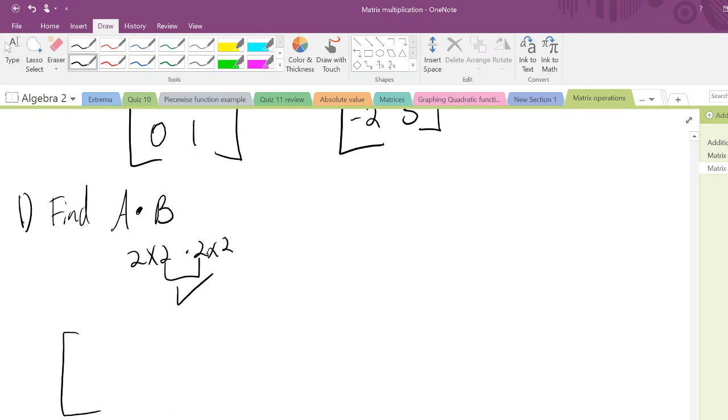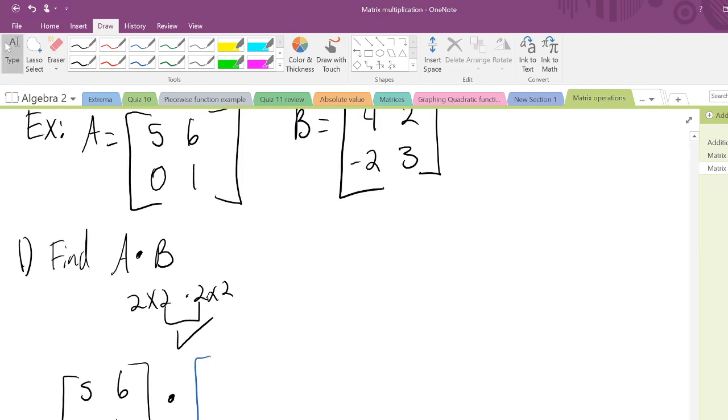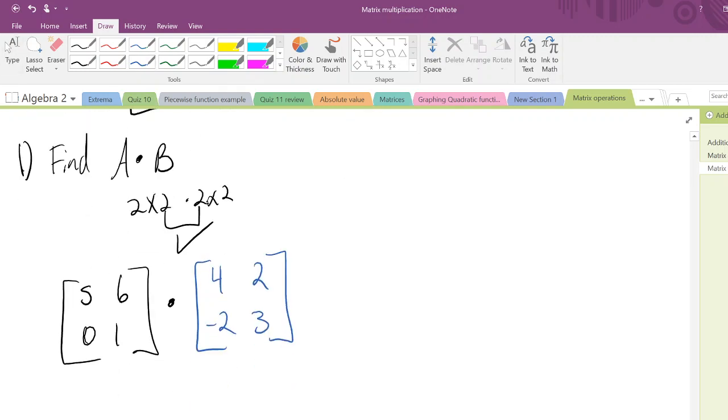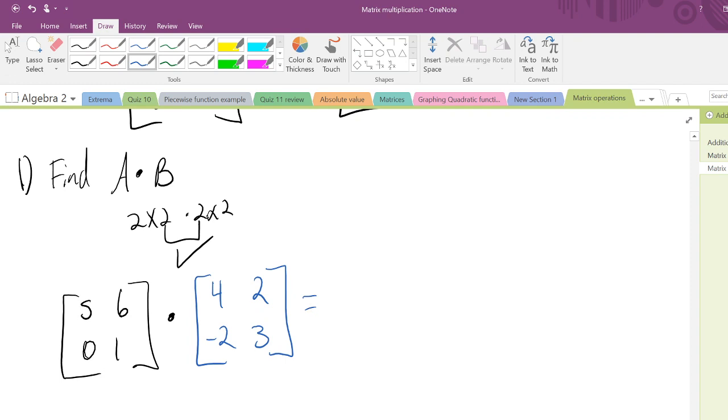So I'm going to do 5, 6, 0, and 1 times, I'm going to do this in a different color, I have 4, 2, negative 2, and 3. So the first row times the first column.